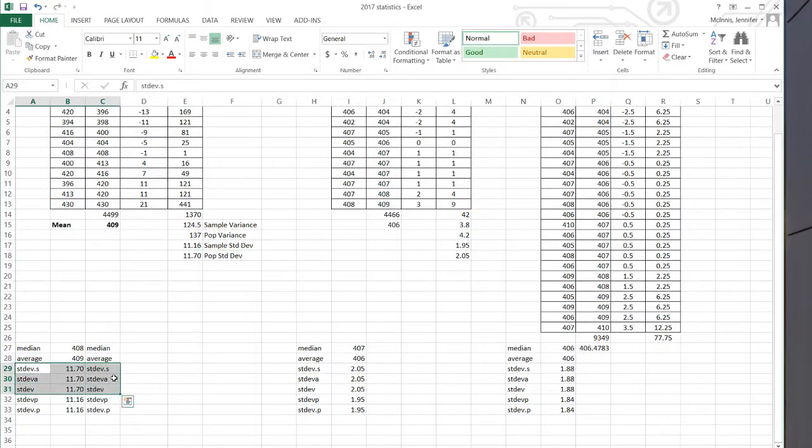So if we can explain that, Excel is saying, if I assume you've given me a sample of the entire data set, I'm going to treat this as you want the standard deviation for the whole data set. So it's called sample, but it's providing population.